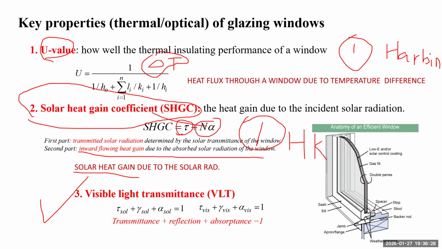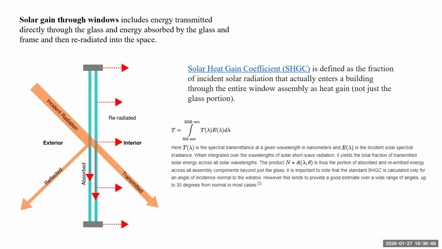Later, I will share more examples of how to lower the U value and reduce conduction heat transfer, and strategies to lower the solar heat gain coefficient without sacrificing visible light transmittance. So how much is transmitted, and for the absorbed solar heat, some will radiate into the outdoors and some into the interior space.